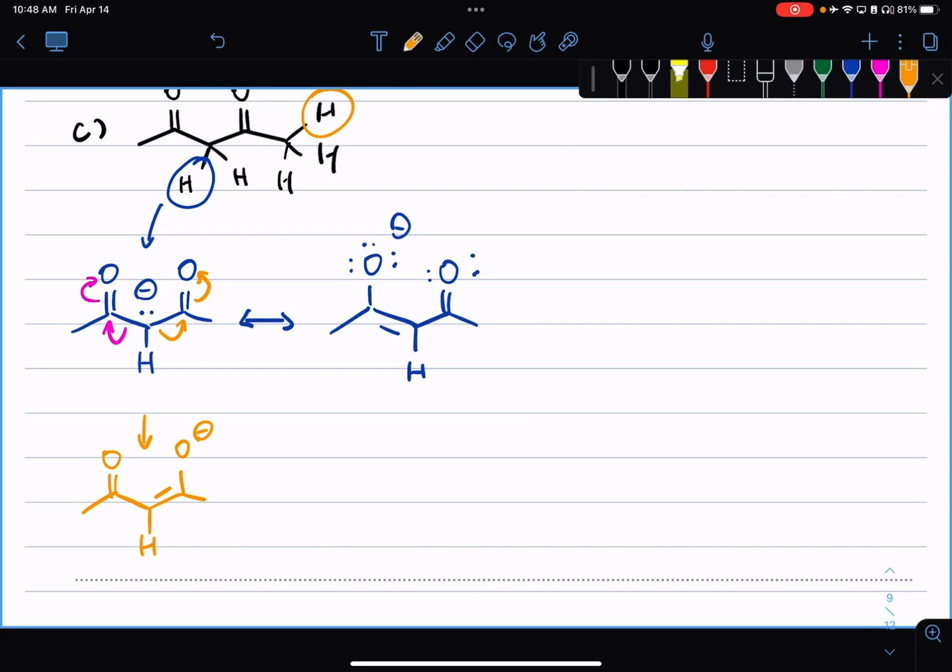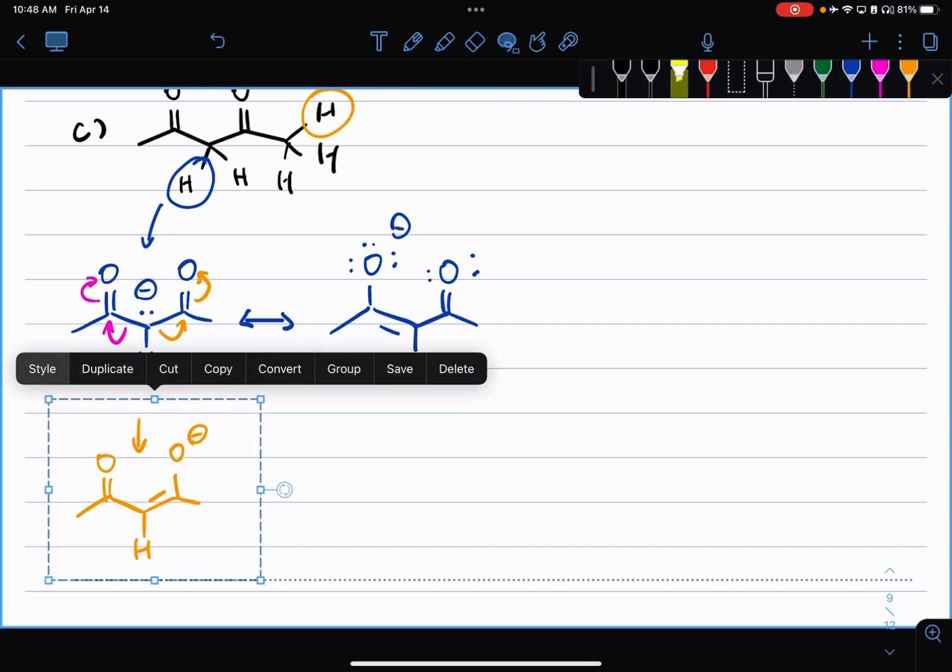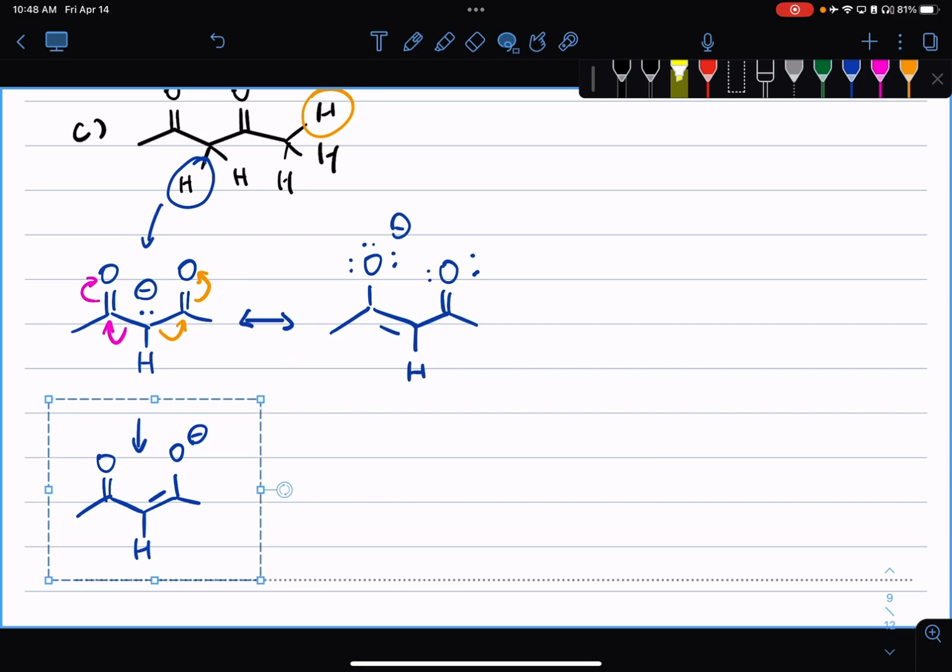Both of these resonance structures should be pretty good because we have oxygen-centered anionic species. We have that negative charge on an electronegative atom. Let me change this to blue just to avoid confusion.